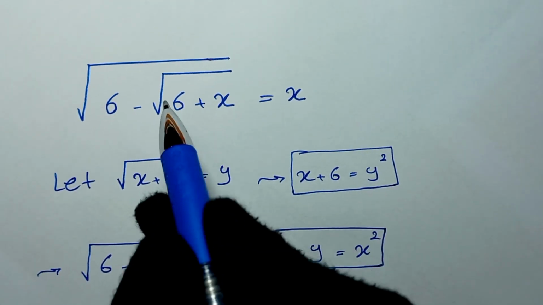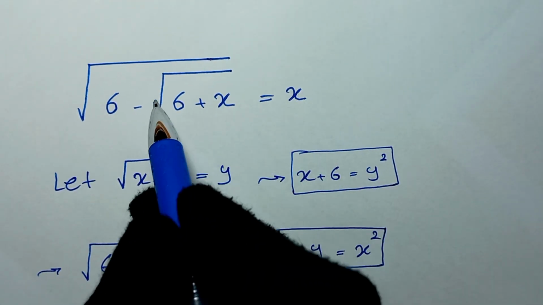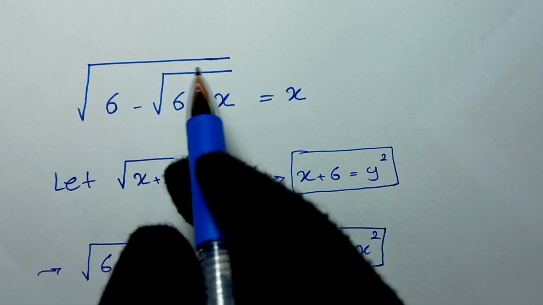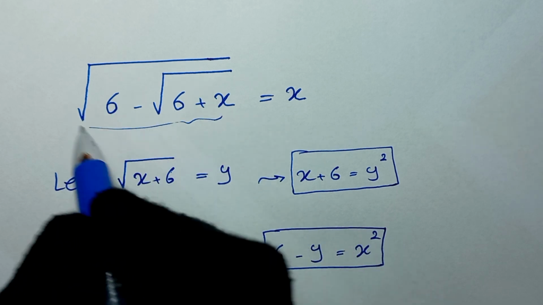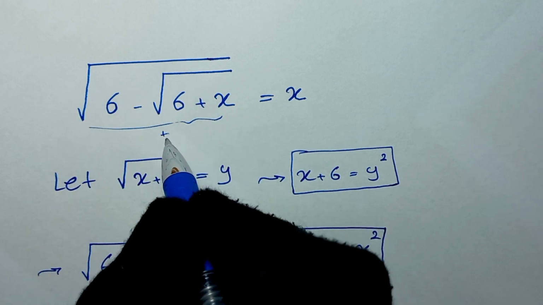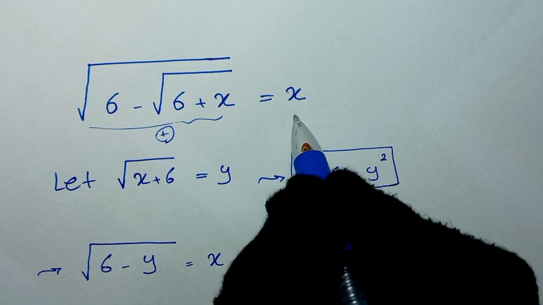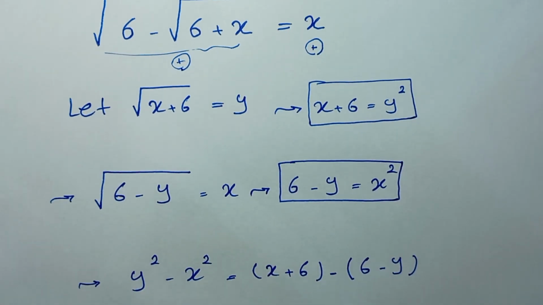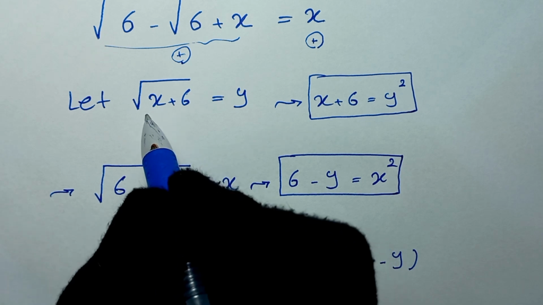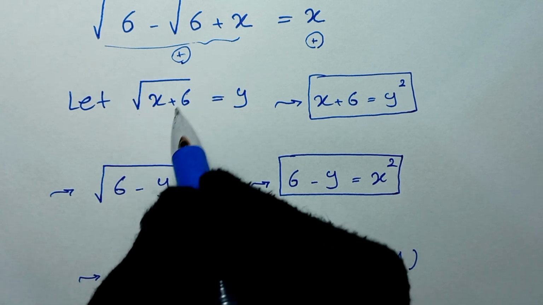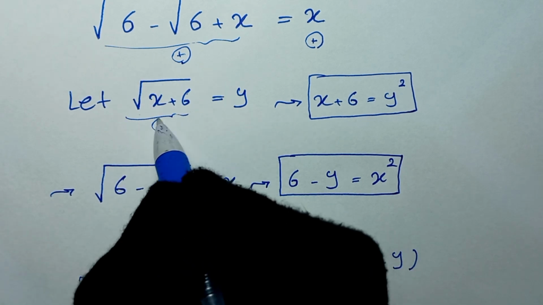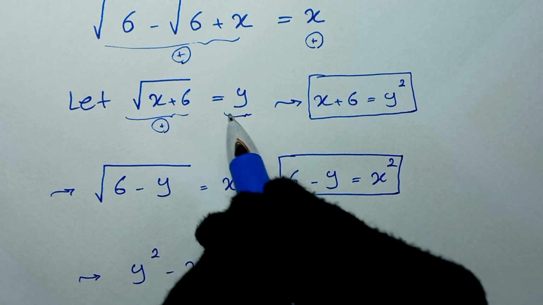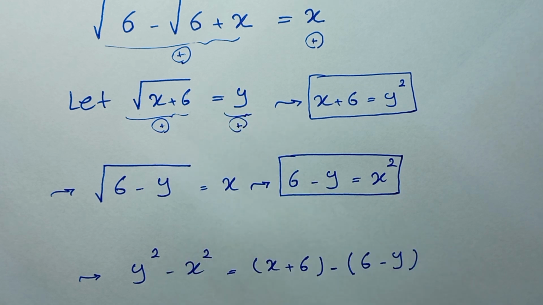And from here, we have x, and here we have a square root, right? So this side is positive, so x should be positive, right? So x is positive. And here we have a square root, so this side is positive, so y is positive, right?